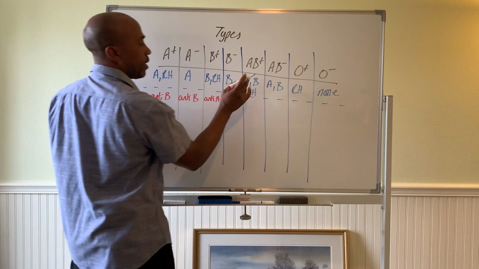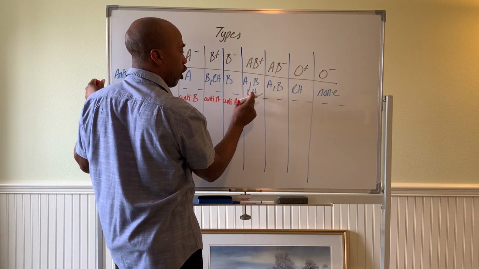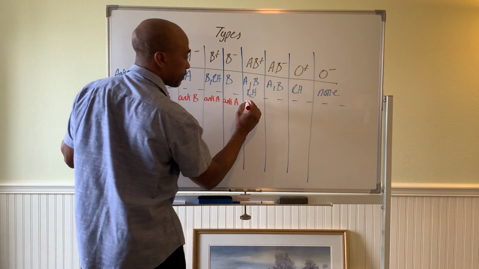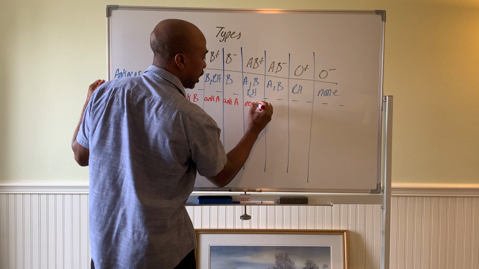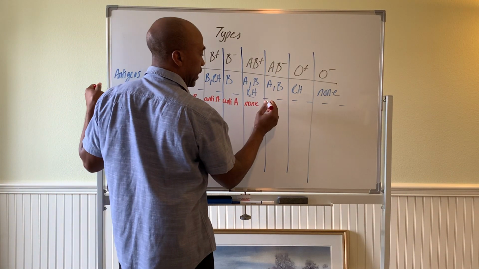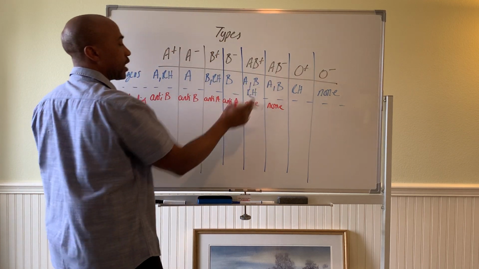All right. If you're AB positive, since you have A antigen, B antigen, and the RH antigen, you can have no antibodies. So here, this is none. No antibodies present for that blood type. And same over here for the AB negative, none initially. We can clarify some of these things later.